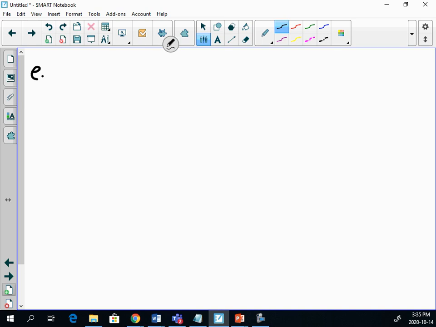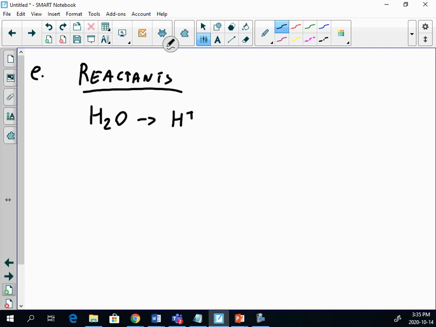So in this case, my reactants are going to be water. But I should really think about the water here as hydrogen hydroxide, just to keep things straight in my head when it comes to the replacement reaction that's going to happen.